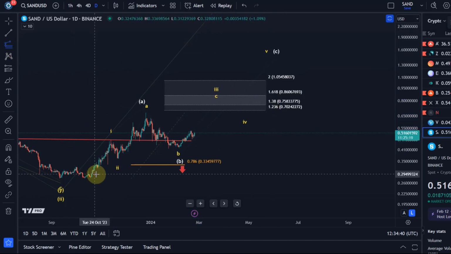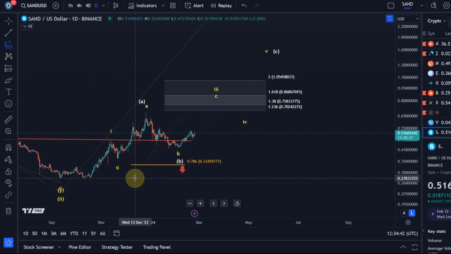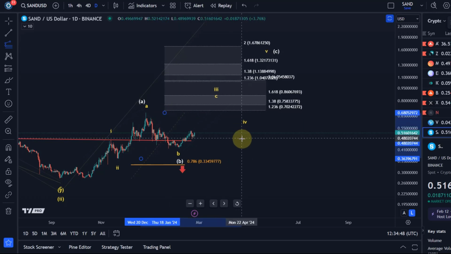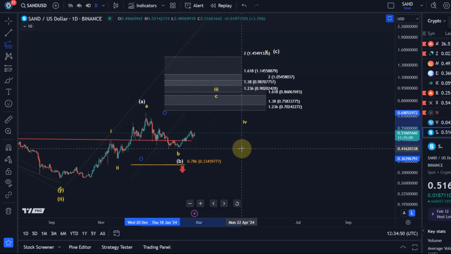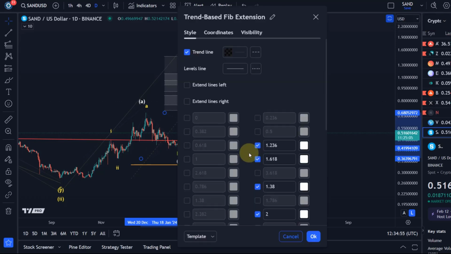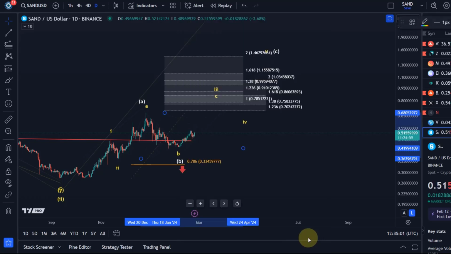But in addition to that, we can check if we get some confluence by measuring the length of wave A. We go to the low of wave B. And then we are watching normally for the 100% extension level. That's the A equals C target, where we say they often have the same length. And that's at 78.5 cents.